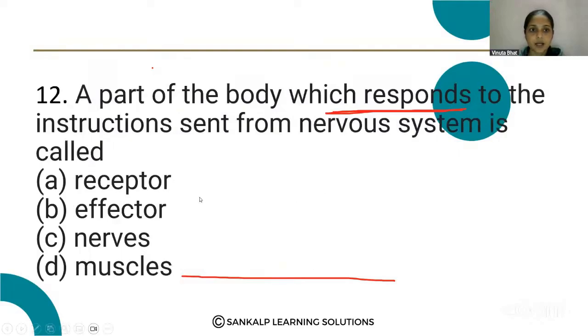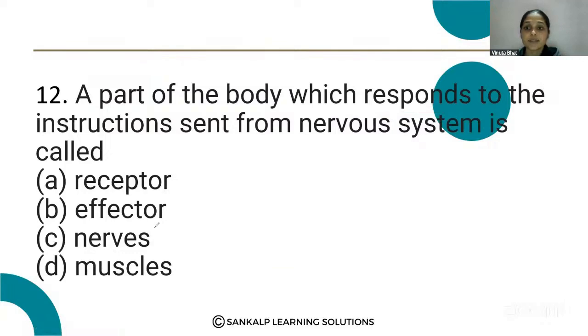Next one, a part of the body that responds to the instruction sent from the nervous system is called, which is responsible for the information sent by the nervous system.